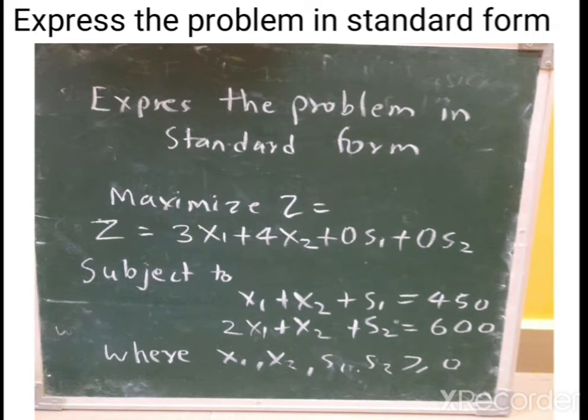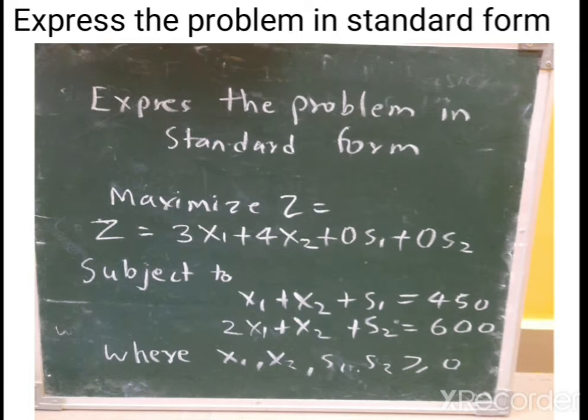You assume that initially the profit earned is 0, z equals 0. If z equals 0, then the x1 and x2 values should be 0. Then only you will get z equal to 0.